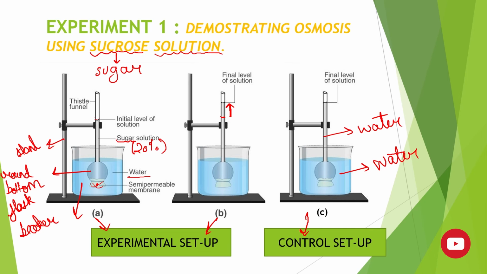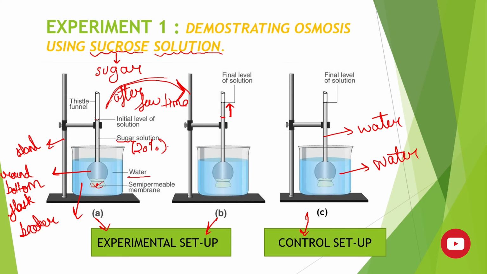Then we have simply placed the round bottom flask in the beaker full of water and let it sit for some time. Apparatus B is nothing but the result that we obtain after letting apparatus A sit for some time.